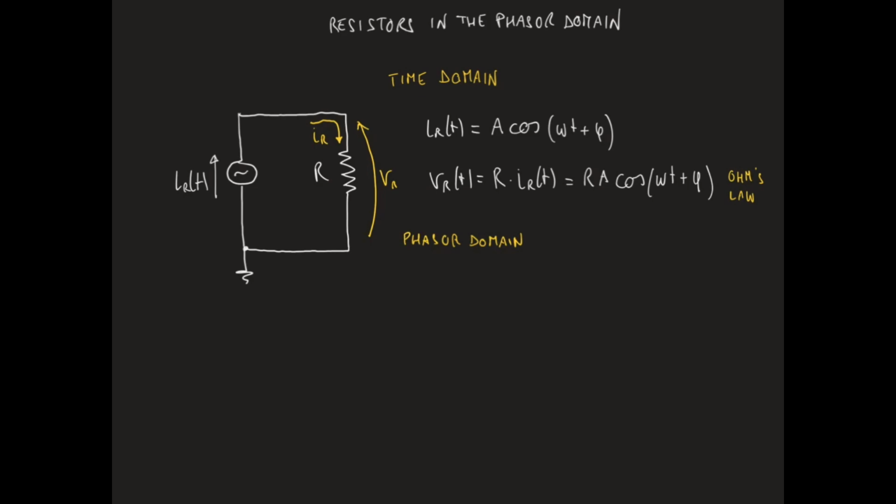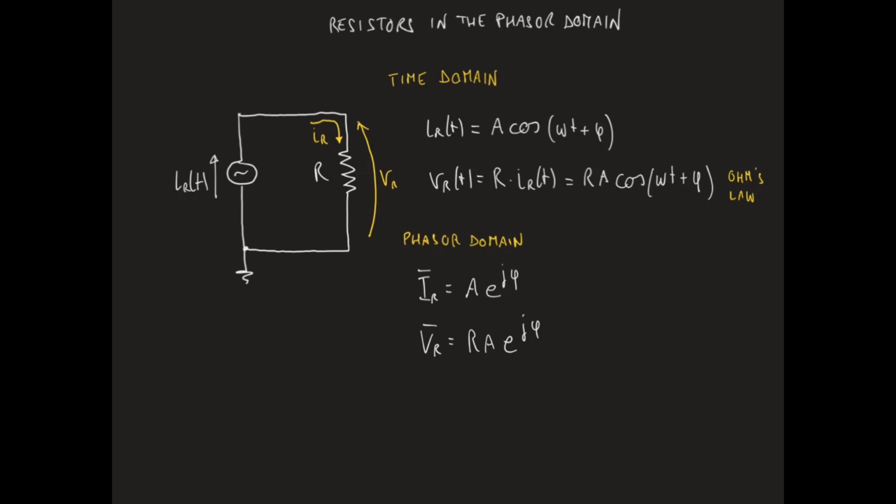In the phasor domain, the sinusoidal current signal is represented by the phasor IR bar equal to A times e to the j, the phase phi. The voltage VR, also sinusoidal, is instead represented by the phasor RA times e to the j phi.